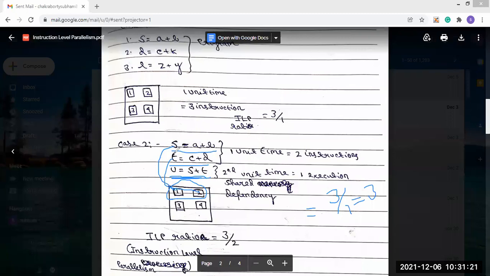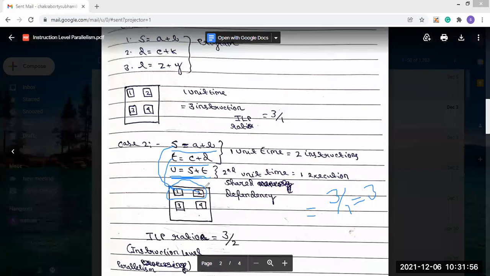So in the first unit of time, these two instructions are executed and we get the result. After that, in the second unit of time, the third instruction will execute.